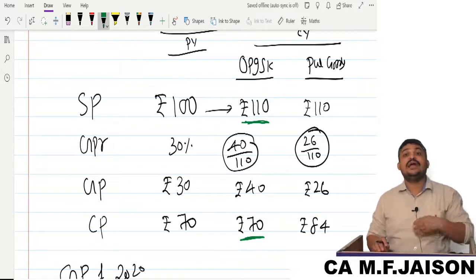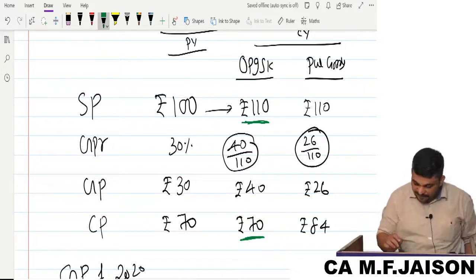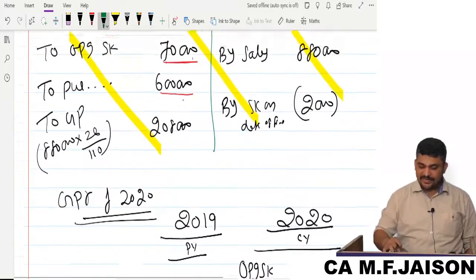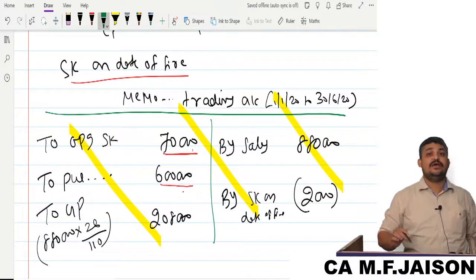You should find out what is 110. If cost price is 70, selling price is 110. So if cost price is 70,000, what is the sale price?